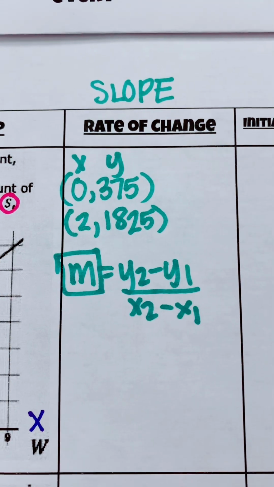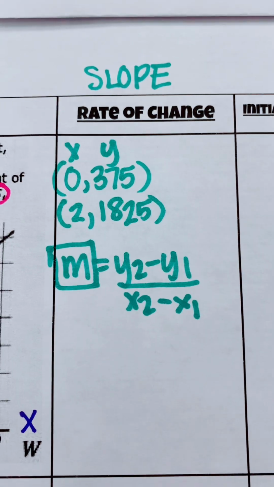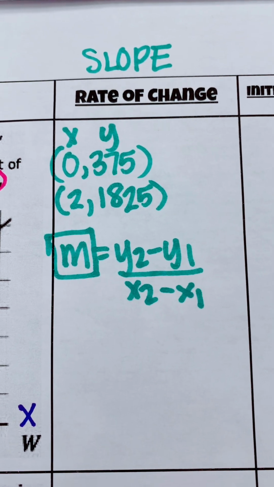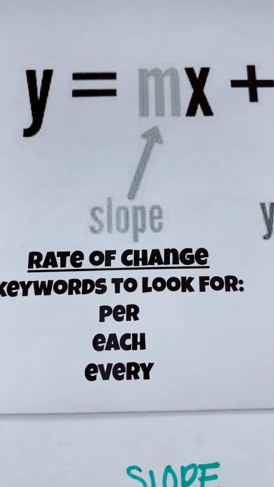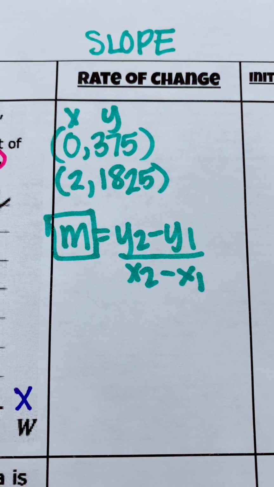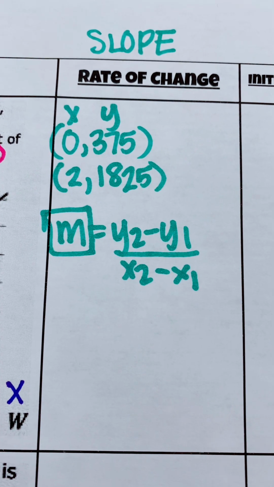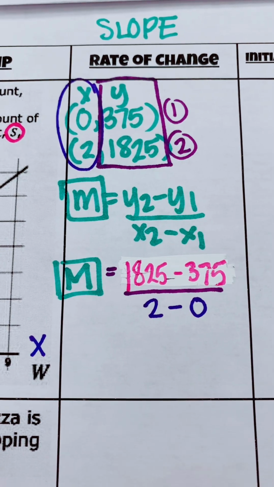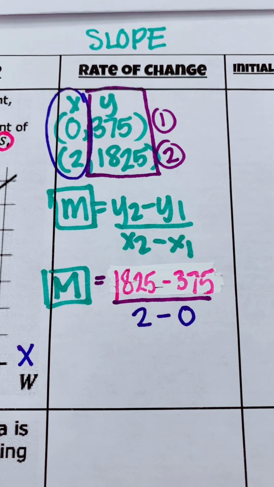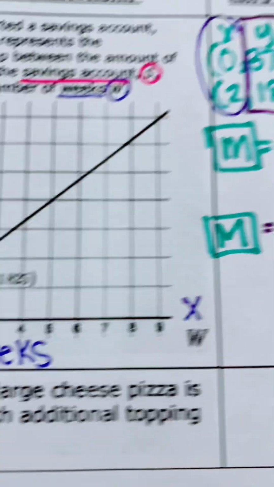I've listed our ordered pairs, and I've also written the slope formula to be able to use to find our slope. Since slope is m, our formula is m equals y2 minus y1 over x2 minus x1. I have filled in my formula, and I've also color-coded based on our graph, our y's and our x's.